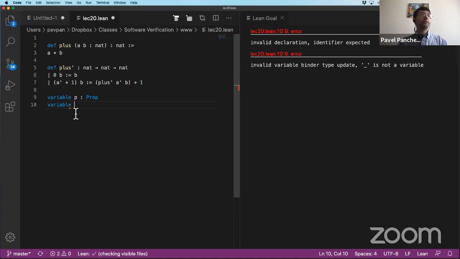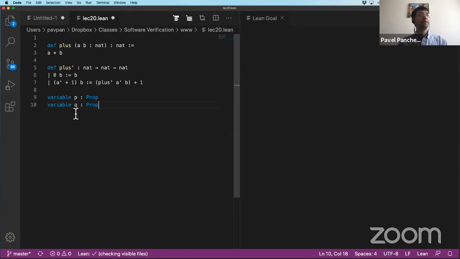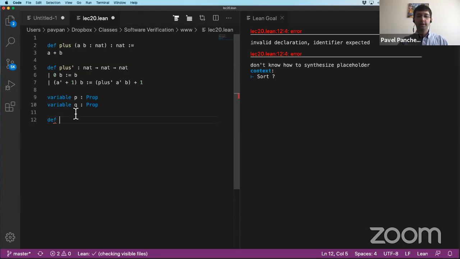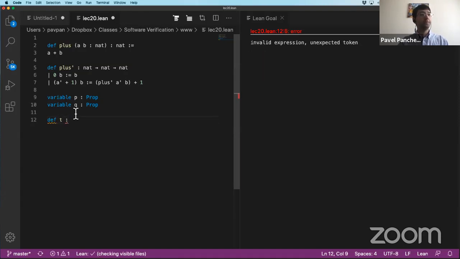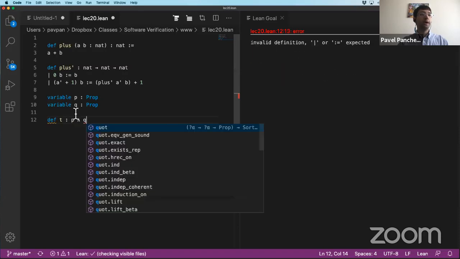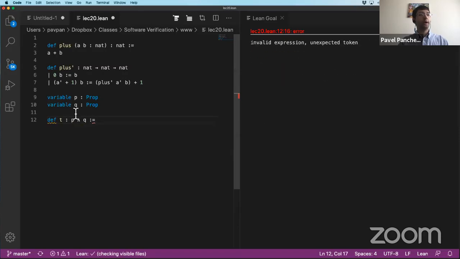So if I have two propositions, then I can construct proofs of themselves or other propositions. So for example, I can define, I'm just going to use T for temporary, a proof of P and Q. And to construct proofs, there are default expressions built into the language that create those proof objects.